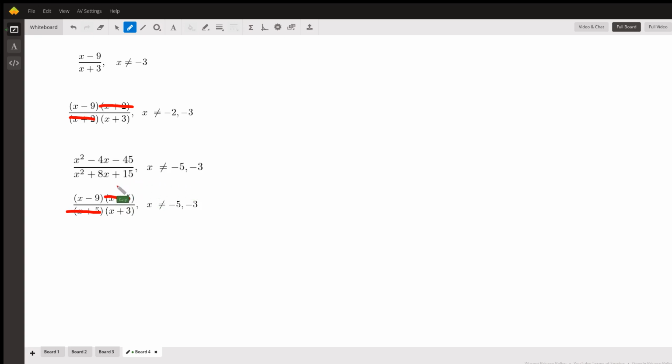And you can see that on this version, the same thing could happen if we change these into the factored version. So we can't really cross anything out here. We still do have to make sure that x is not -5 or -3, because that would make the denominator 0. But writing this version allows us to see why this version is still going to work.